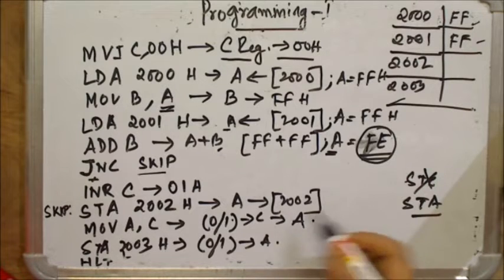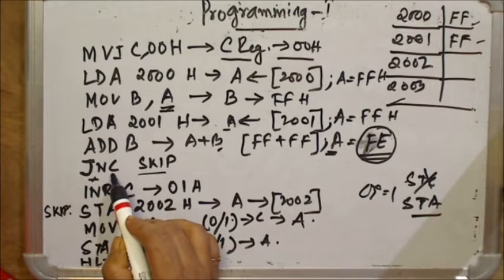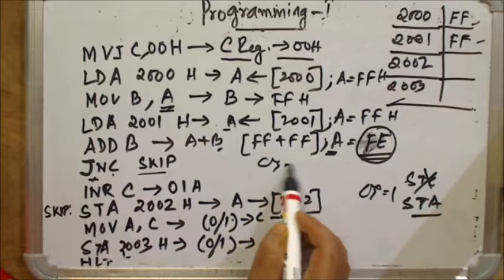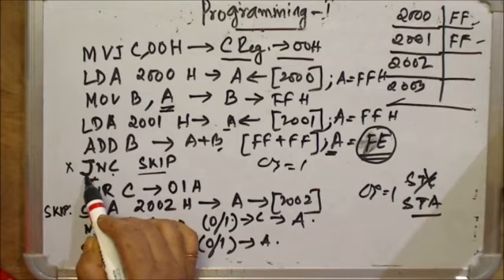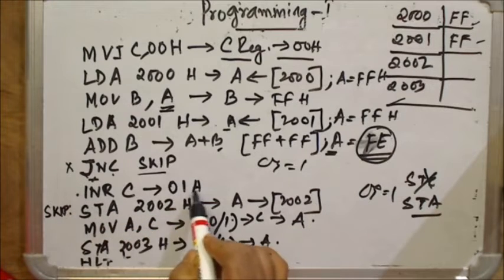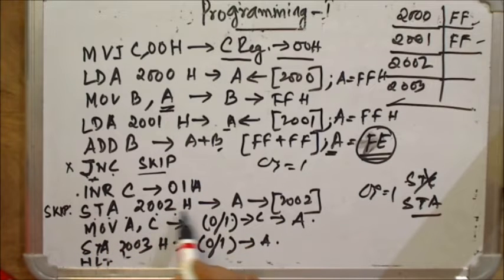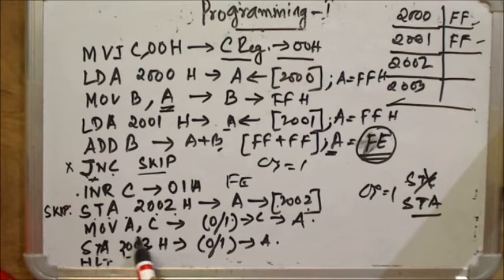So here the carry flag is set to 1. When it comes here, it will check the carry flag and see that it is set to 1. So this condition will become false, and it will come to INR C, right? So C will be incremented to 01H. Then we will store STA 2002, that is FE, in 2002. Then move A comma C. What was in C? 01.